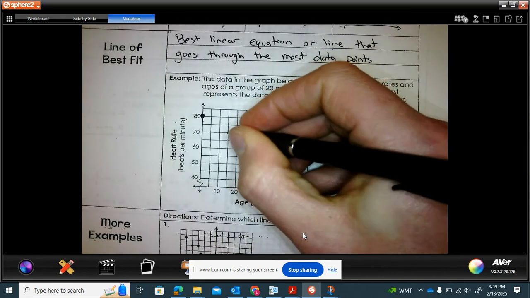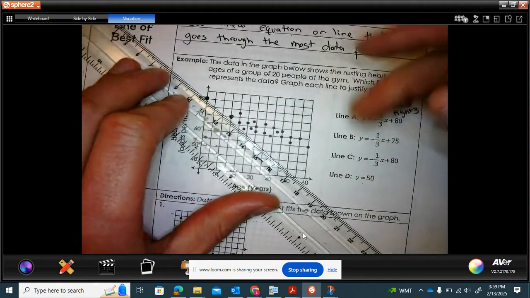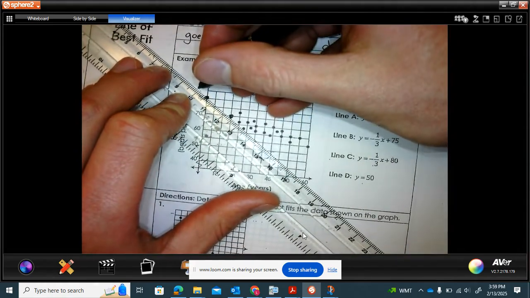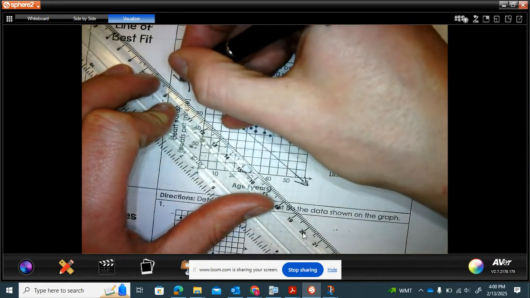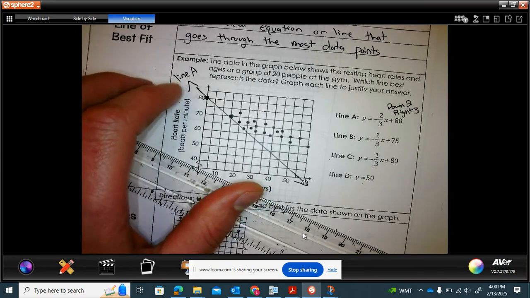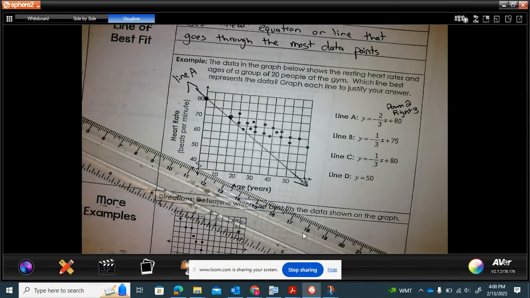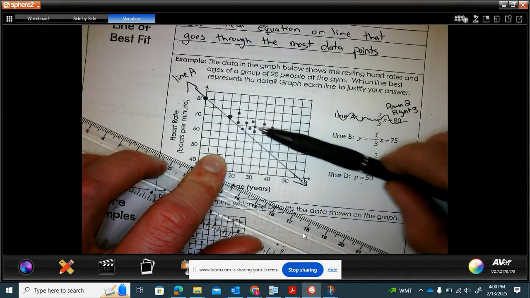And it would be this point right here. Then I could take a ruler and connect those, and that would be line A. And right away, you should be able to tell, does line A go through a lot of points? And the answer is no. So I would assume that line A is not the line of best fit because it doesn't really go through a lot of points. You're looking for the line that goes through the most points.